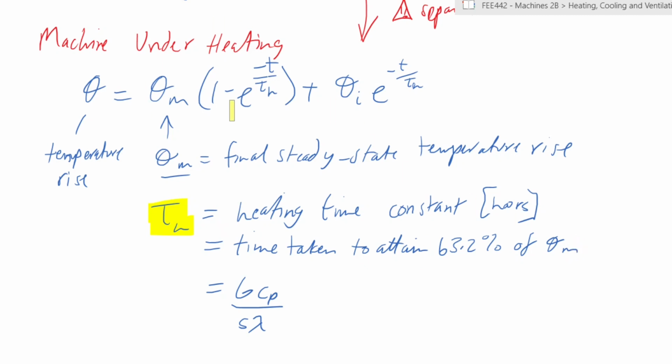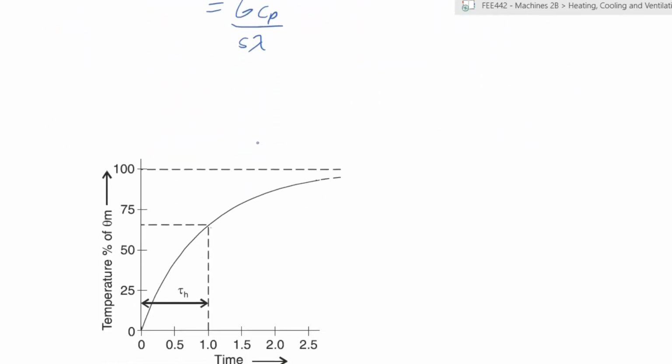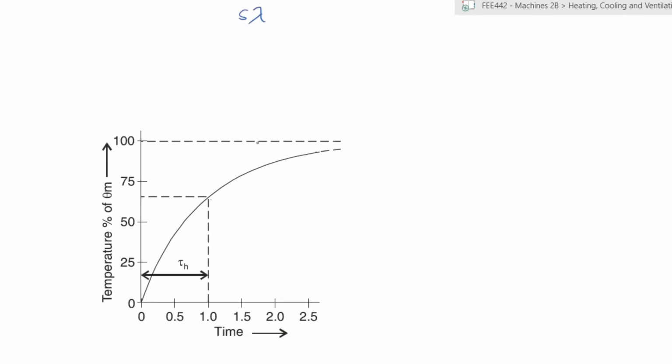And if you look at the equation that we have here, you will realize, of course, that it is an exponential curve, which will look like that. And here you have your 63.2% of the theta m, whereby 100% is theta m. It will be attained at this level.